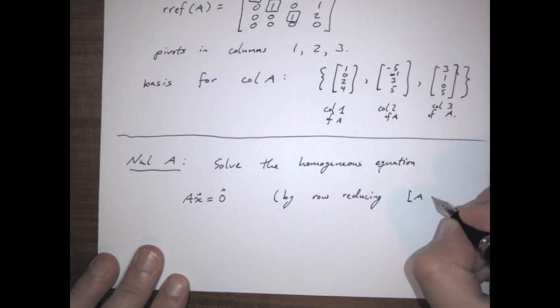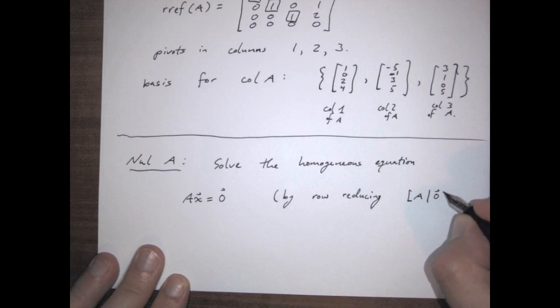In particular, you'd row reduce the augmented matrix, A augmented by zeros.